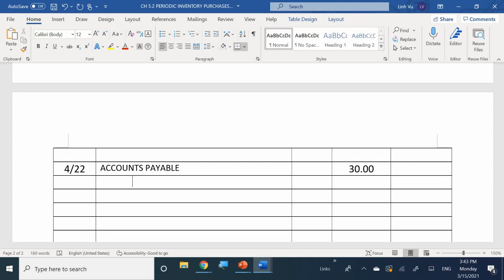Okay, so remember, it's not going to be a discount. It's going to be returns and allowances. So good. In this case, it's going to be specified as purchase returns and allowances.